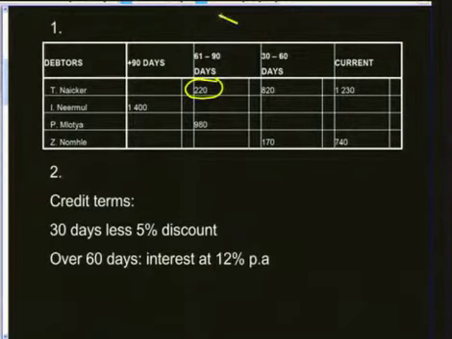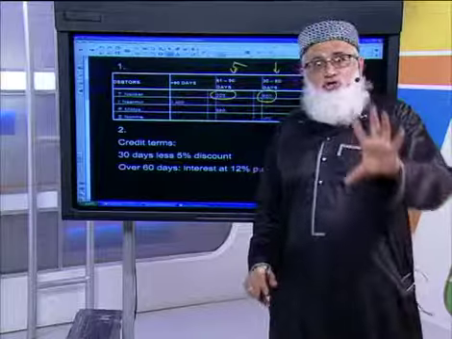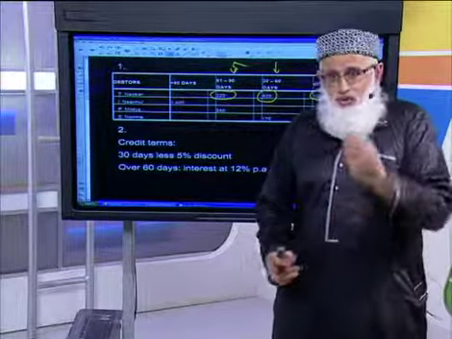For 60 to 90 days, right? Then 820 Rand is outstanding for between 30 and 60 days. And then the current amount outstanding is an amount of 1,230, which is current in terms of our transactions with Nika.